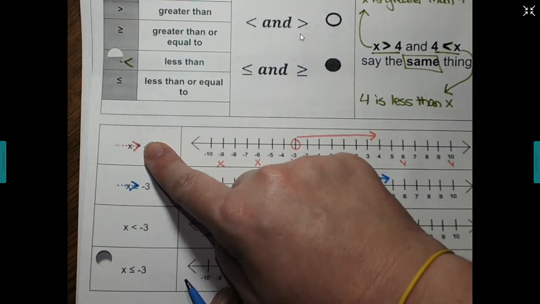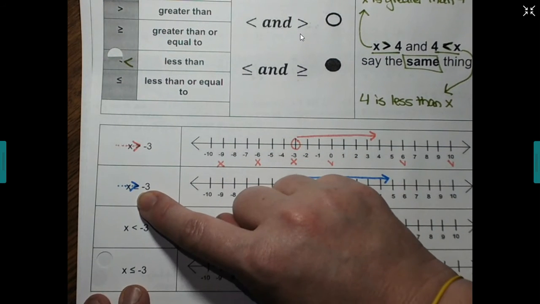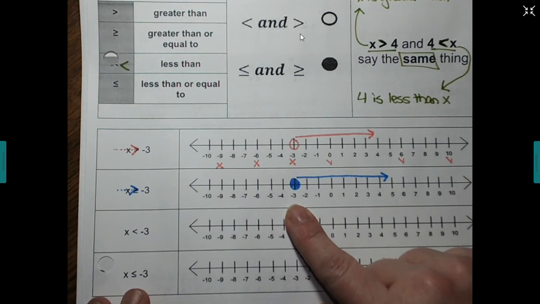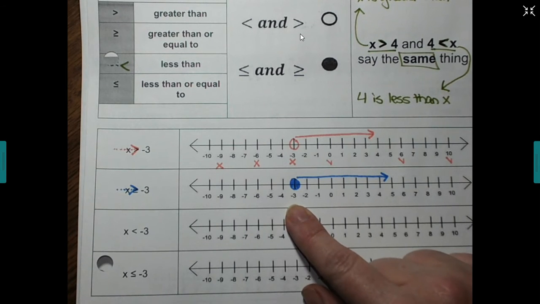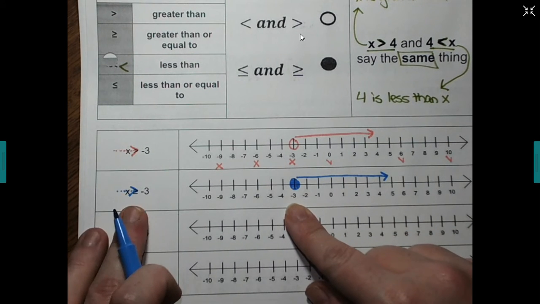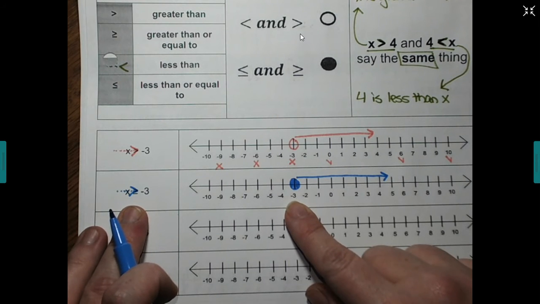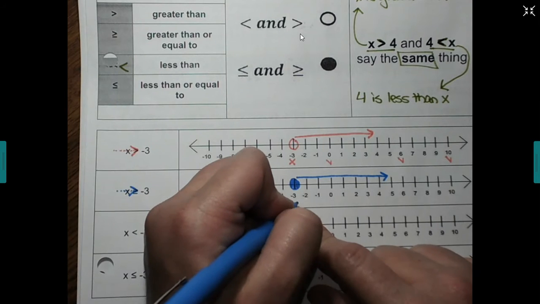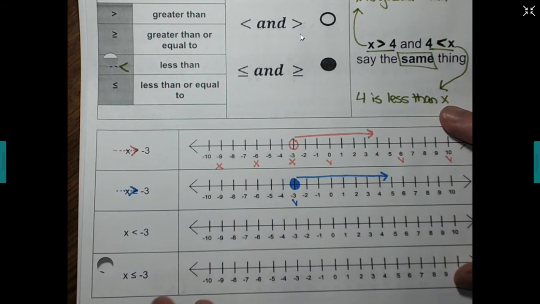This one is just greater than, this one is greater than or equal to. So that makes a big difference because -3 is not greater than -3, but it is equal to. So that means that now -3 is a solution.